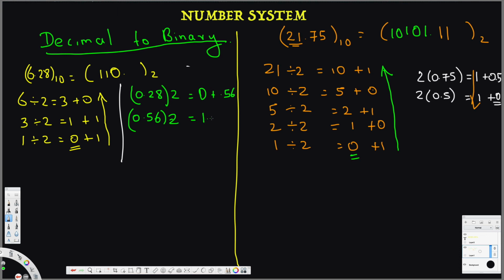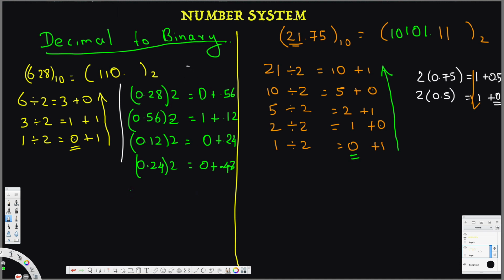So we put 1, the whole number, and then 0.12, and then 0.12 times 2, we will get 0.24, 0 here and 0.24 here, and then 0.24 times 2, this is 0.48. Now you can keep on going like this.